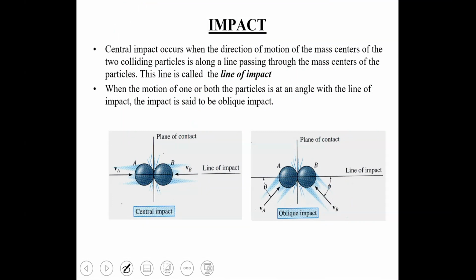So in case of central impact, since the particles were traveling along the line of impact before collision, so after collision भी ये line of impact के along ही जो है वो travel करते हैं. So rebound होंगे या collide होने के बाद line of impact के along ही travel करेंगे. If you are considering the case of central impact, it means that the number of unknowns which are involved are the magnitudes of final velocities.